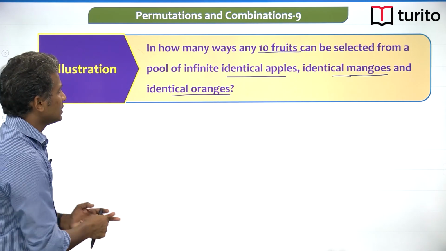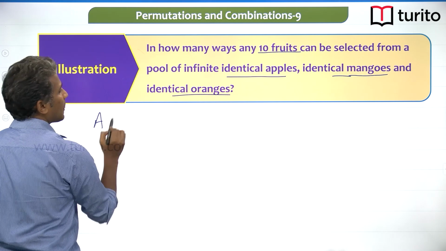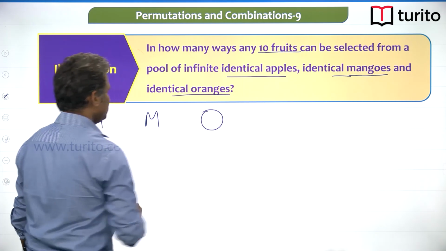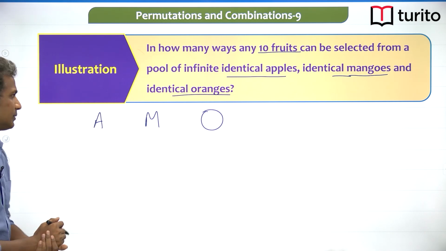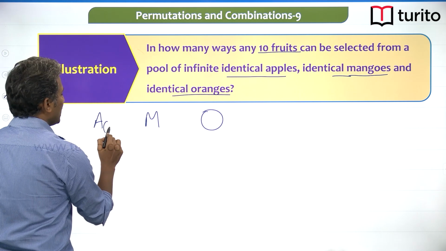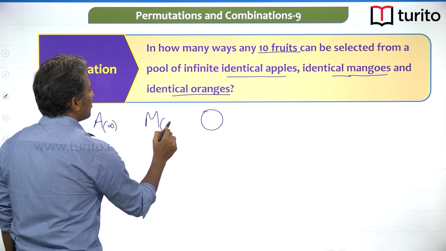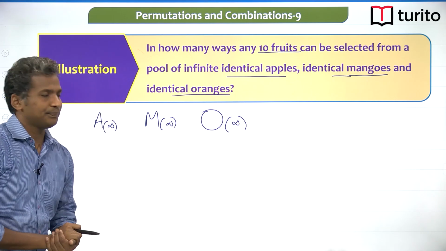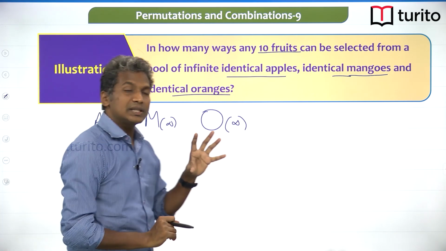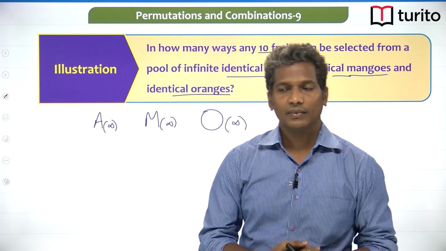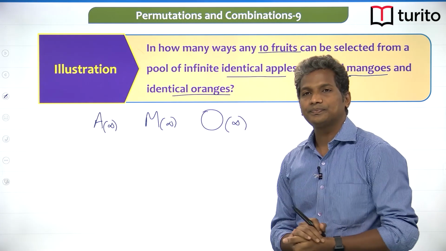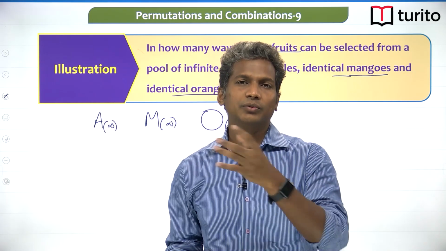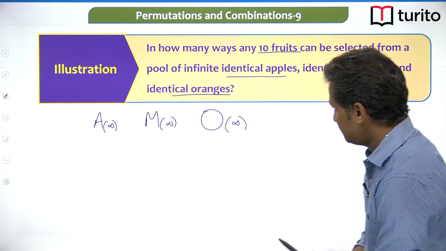So we have apples here, we have mangoes here, we have oranges here. How many apples are there? Infinity. Mangoes are also infinity and orange is also infinite. Now we want to select any 10 of them. So when we say any 10 of them, all of them could be apples, all of them could be mangoes, all of them could be oranges also.